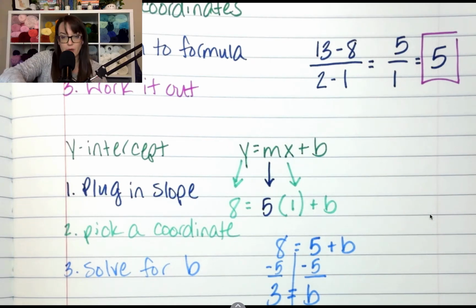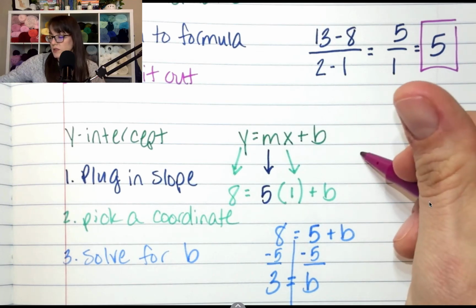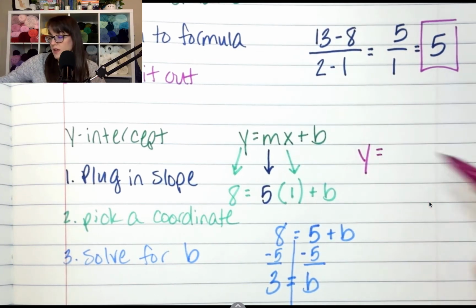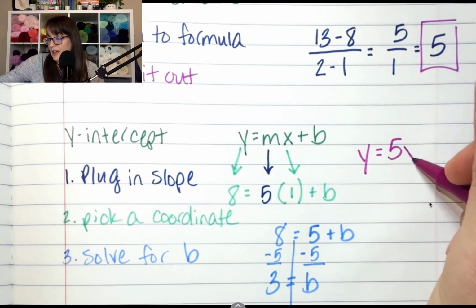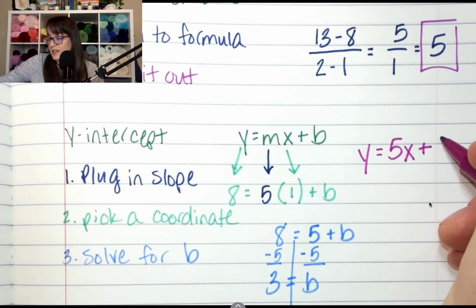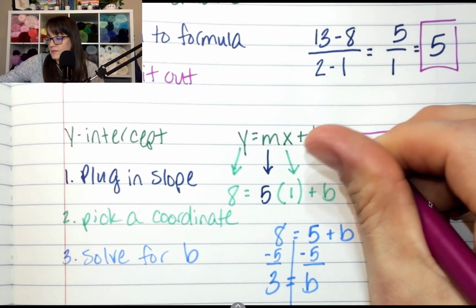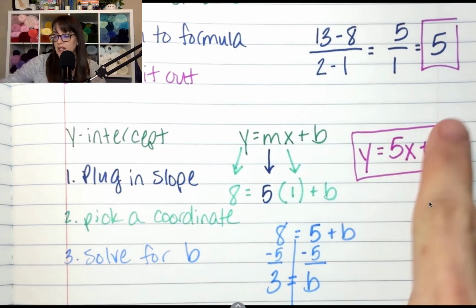And now that you have both of those, you can write your equation. So y equals, how much was the slope? 5. So that's mx plus b is 3. So if they give you two coordinates, you can find the slope, find the y-intercept, and then you can write your equation.